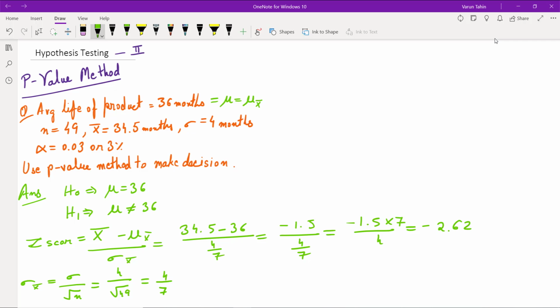Okay. Now we need to find the cumulative probability of this Z score. So guys, you can see that the Z score is a negative value and that means that the sample mean is on the left side of the distribution mean. And we can also tally it from here. So 34.5 is less than 36 months. Okay, so we need to find the cumulative probability now.